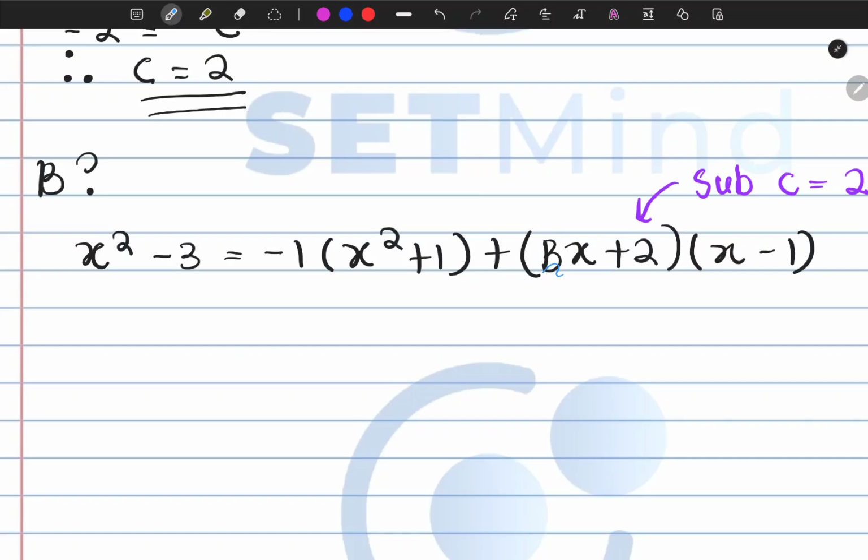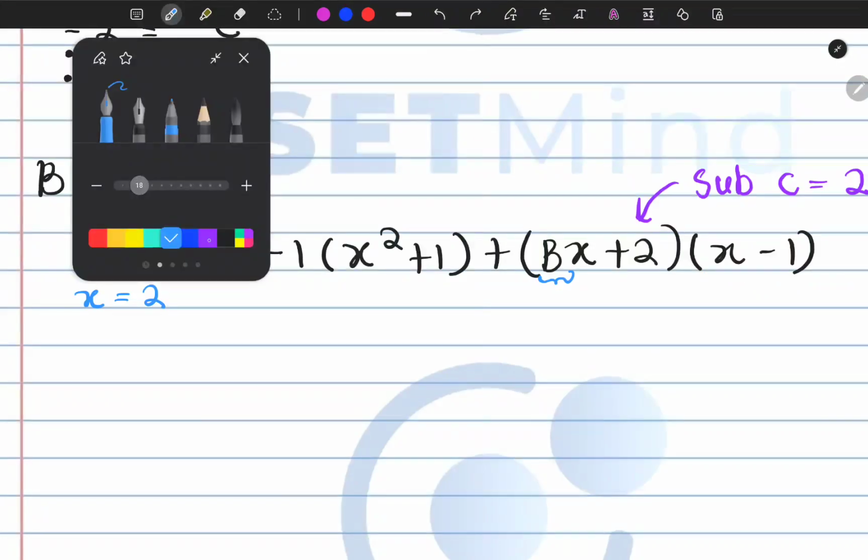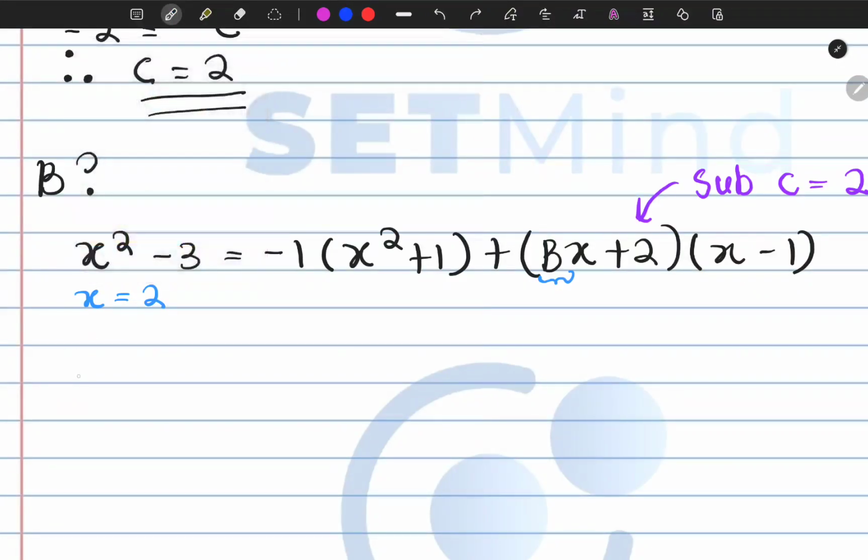So what I'm going to do is, because I need to make sure that the b remains, I'm going to choose, let's say, x is 2. Because I know that 2 will not make this to be 0 and in turn make the b to be 0. You can choose any number as long as it's not going to either make that to be 0 or collapse the bracket.